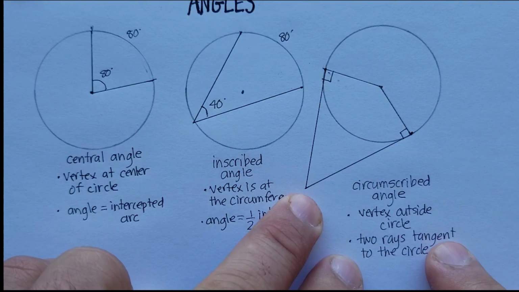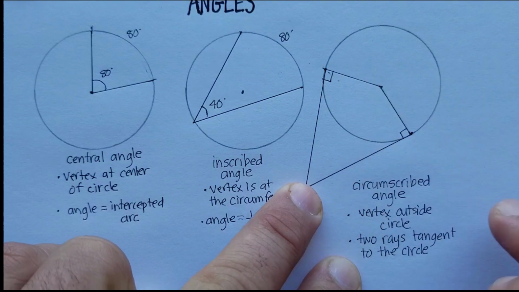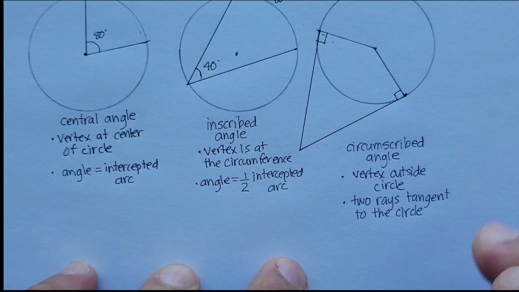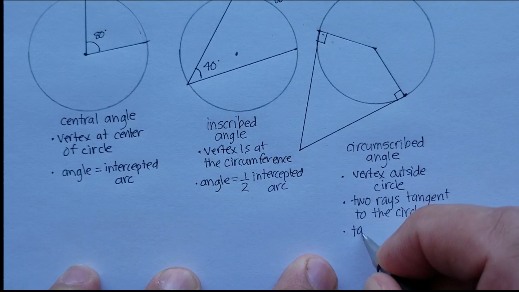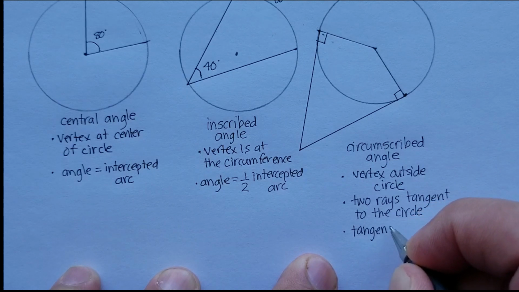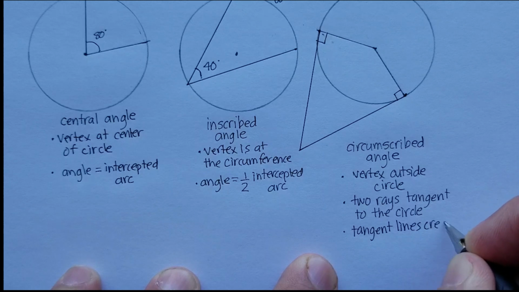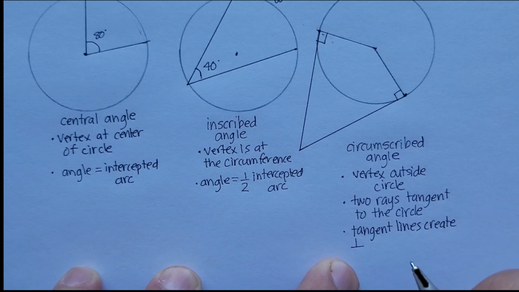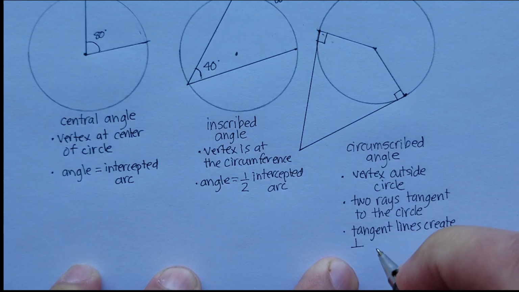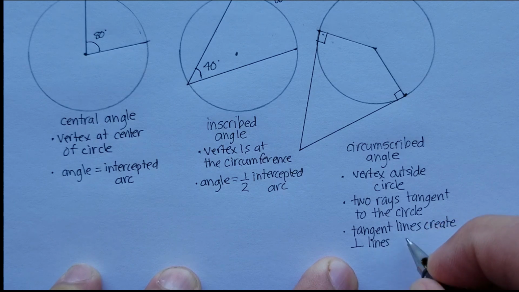So tangent lines create 90-degree angles with the center of the circle. Let me write that down because that's really important. Tangent lines create perpendicular lines to the center of the circle.